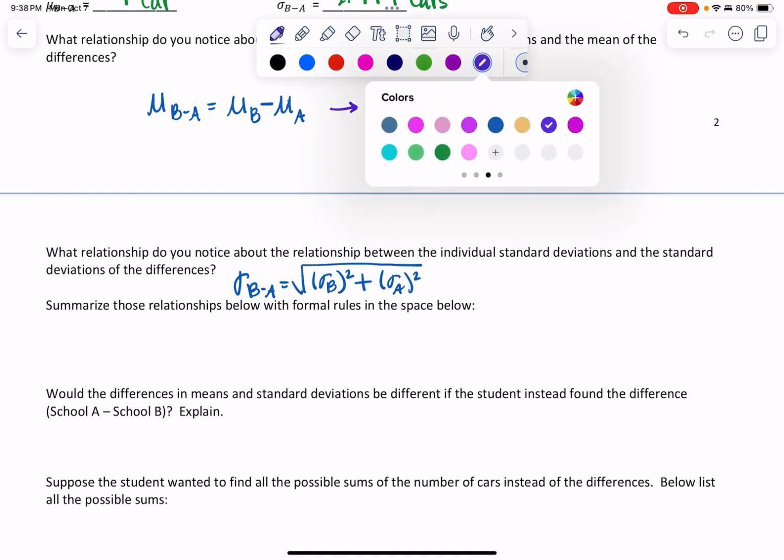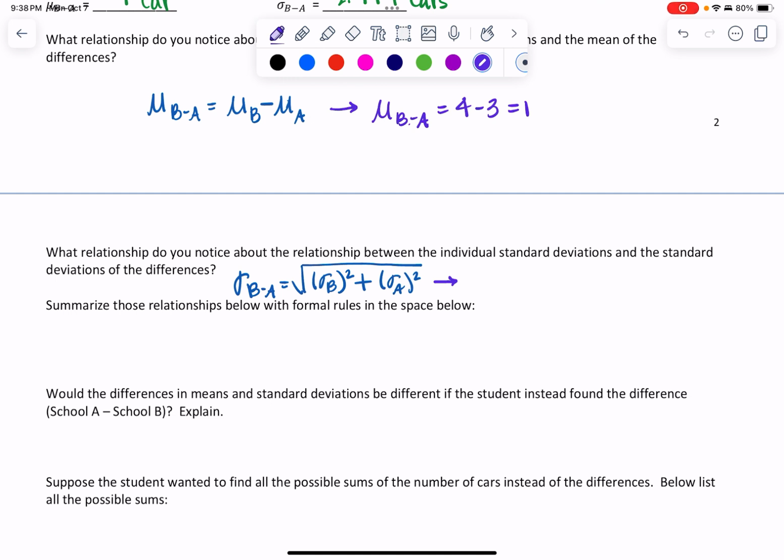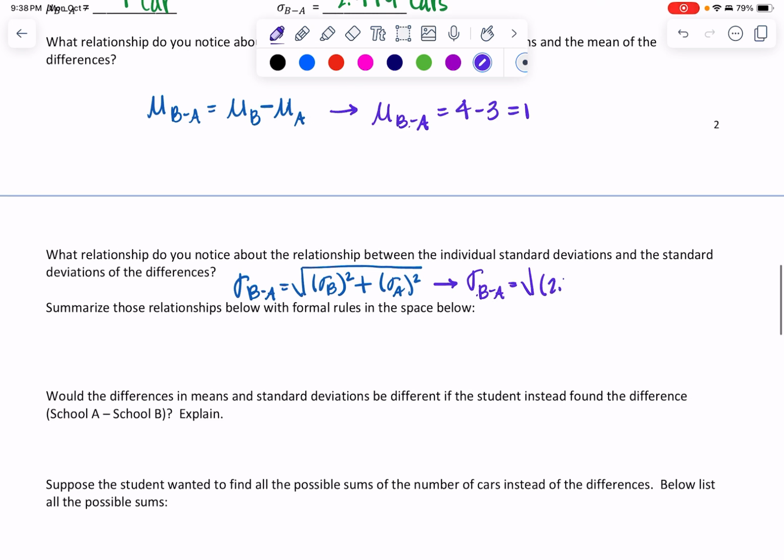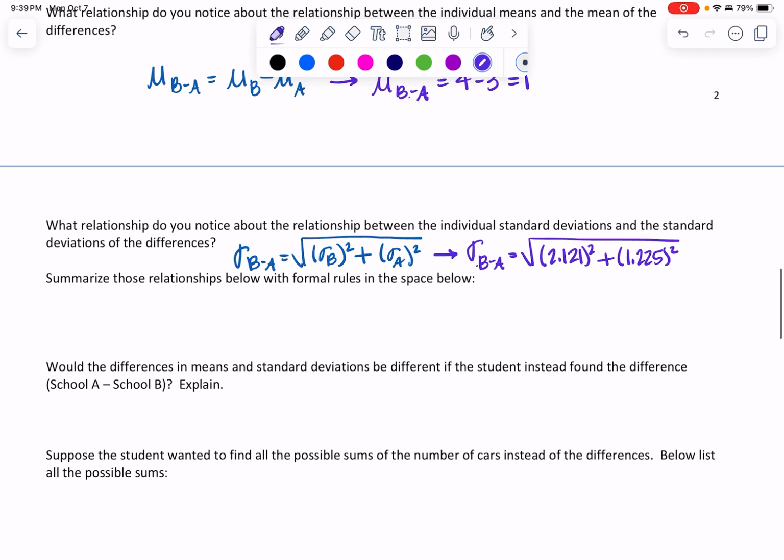To show it, that is the square root of 2.121 squared plus 1.225 squared. Okay, summarize those relationships.